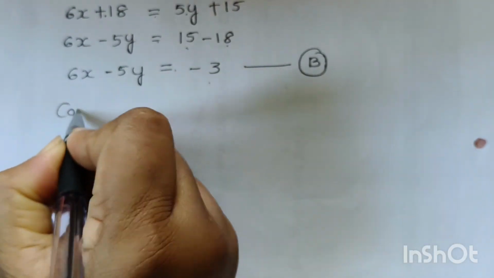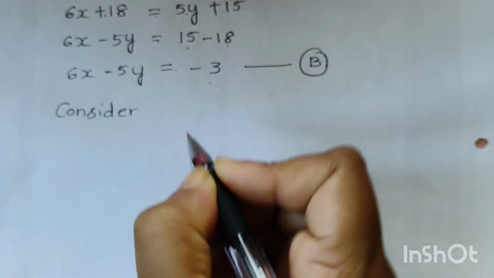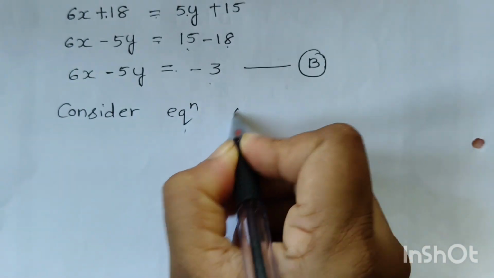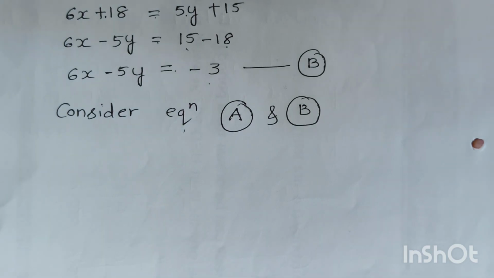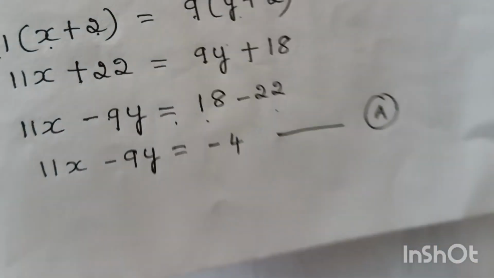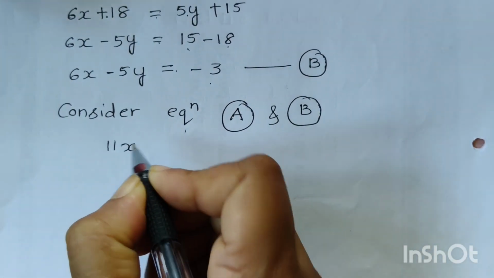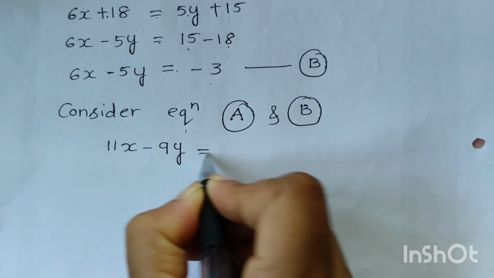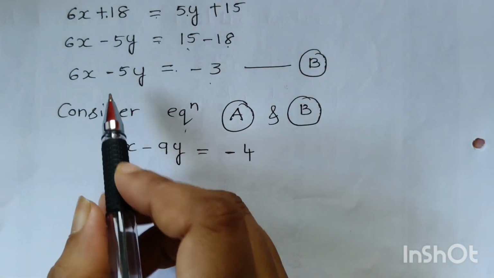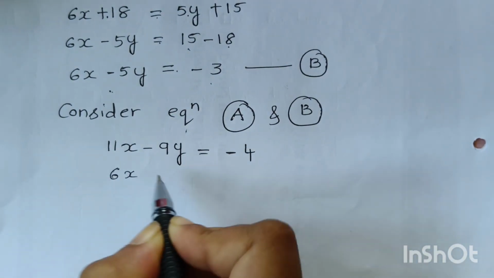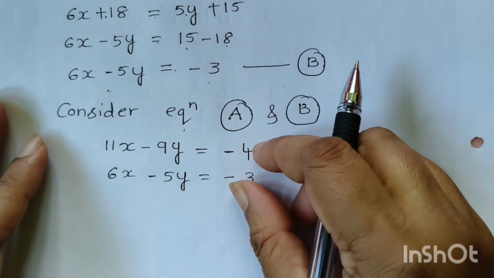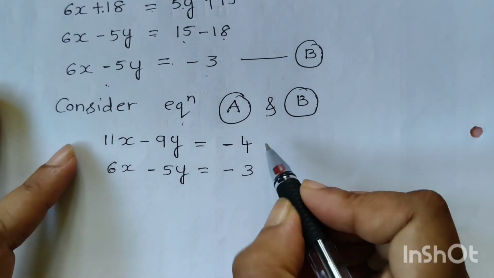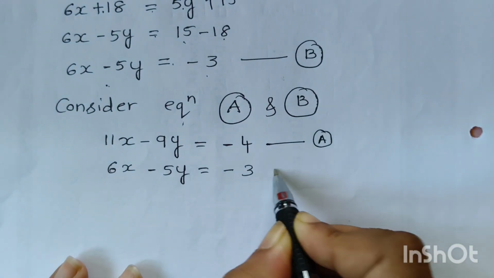Consider equations A and B, that is equation A is 11x minus 9y is equal to minus 4, and equation B is 6x minus 5y is equal to minus 3. These two equations are very important now, A and B.